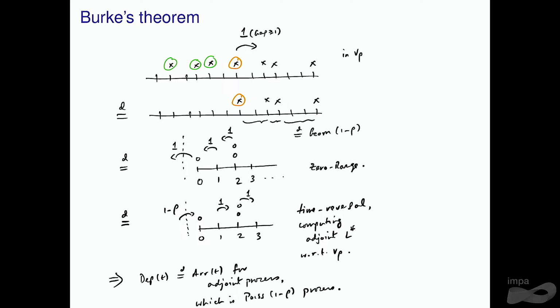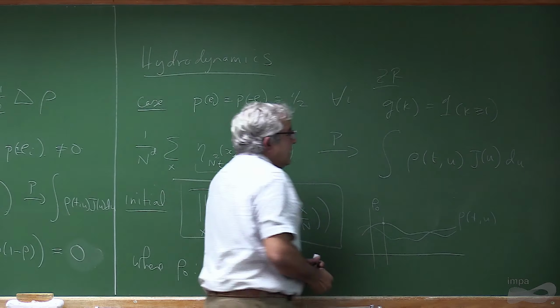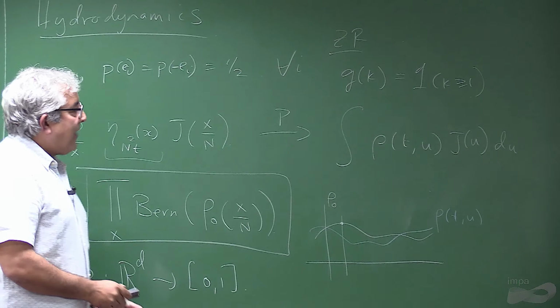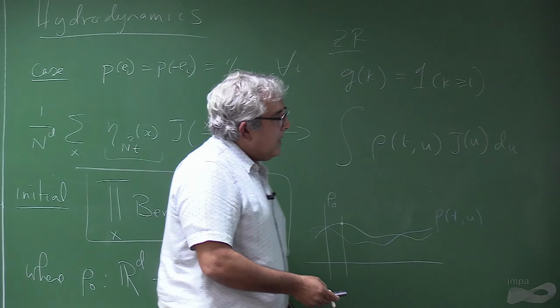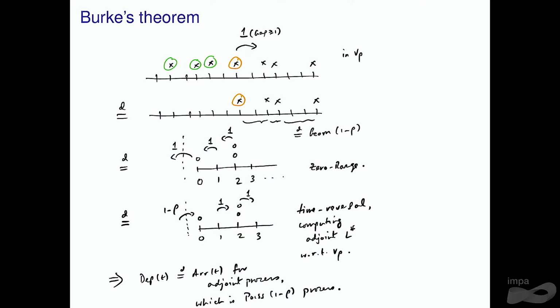So the gap process is actually a zero-range process. In order to decrease the particle number, you have to have at least one of these circles. So it's just a rate 1 process.